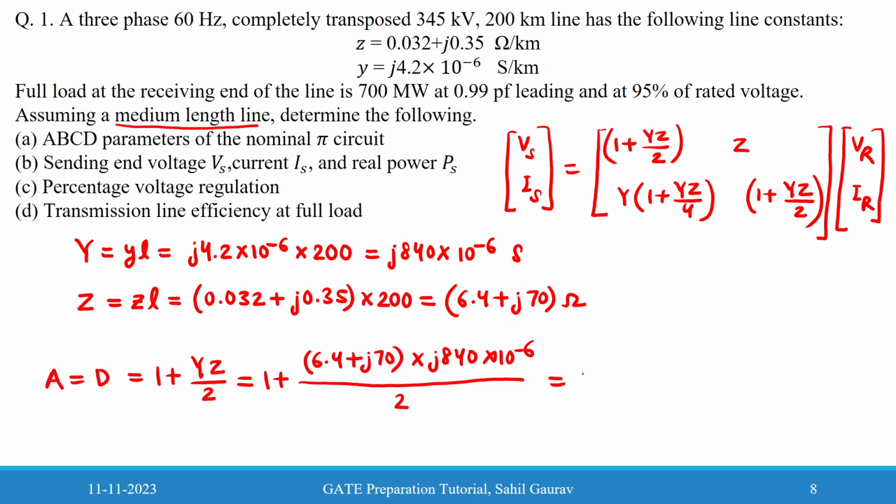So you will get 0.97 plus j2.688 times 10 to the power minus 2. So it is 0.97 at angle 0.159 degree. It is unitless, so no need to write the unit.